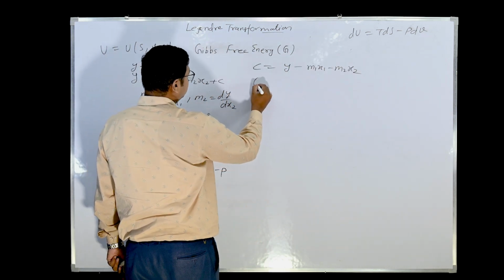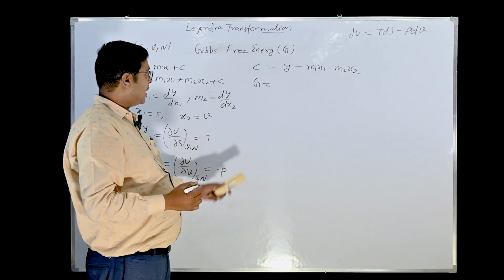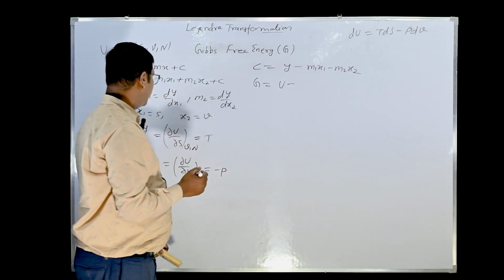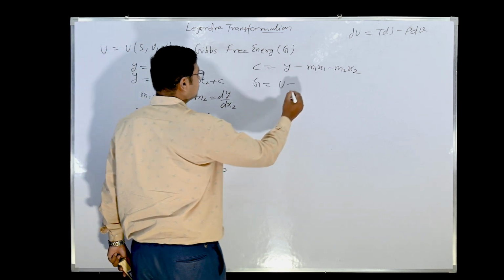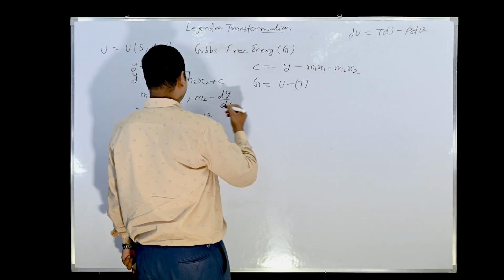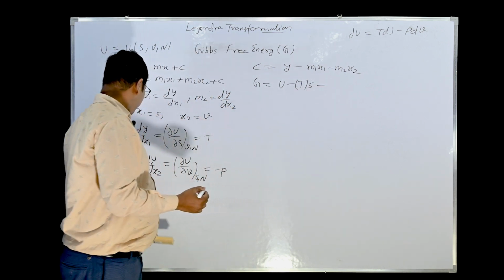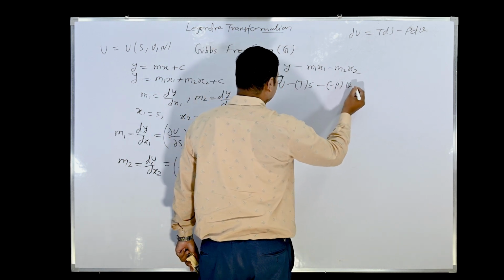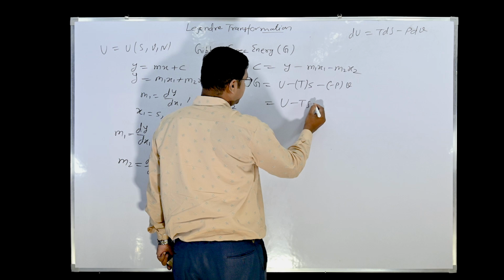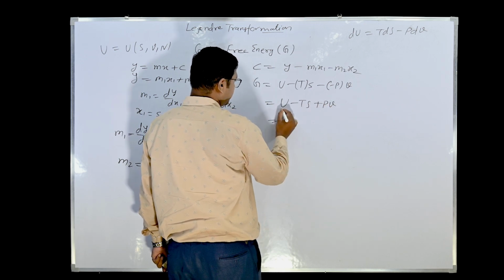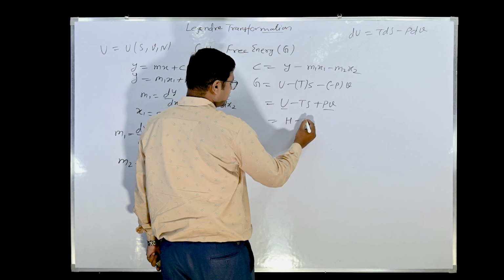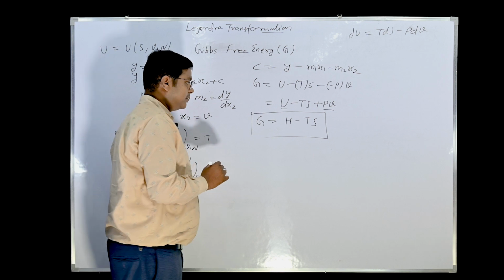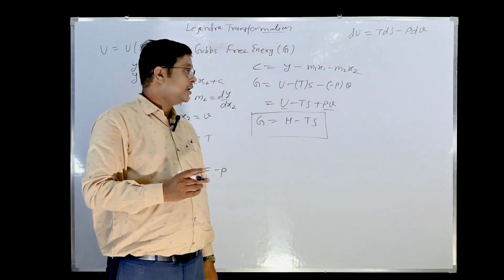C is another symbol I am giving, that is G, and y is U, m1 is T, x1 is S, minus m2, m2 is minus P, and x2 is V. So we can see here U minus TS plus PV, or U plus PV we can write H, minus TS. So the Gibbs energy is nothing but the difference of enthalpy and the multiplication of temperature and entropy.